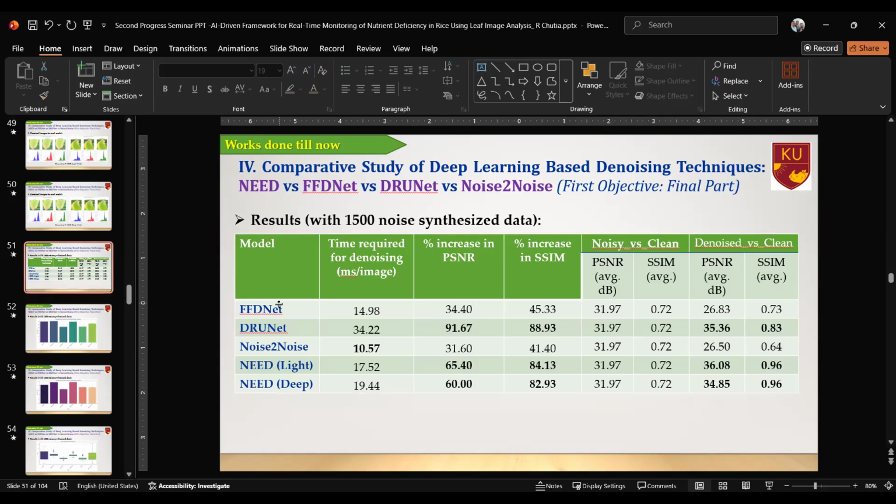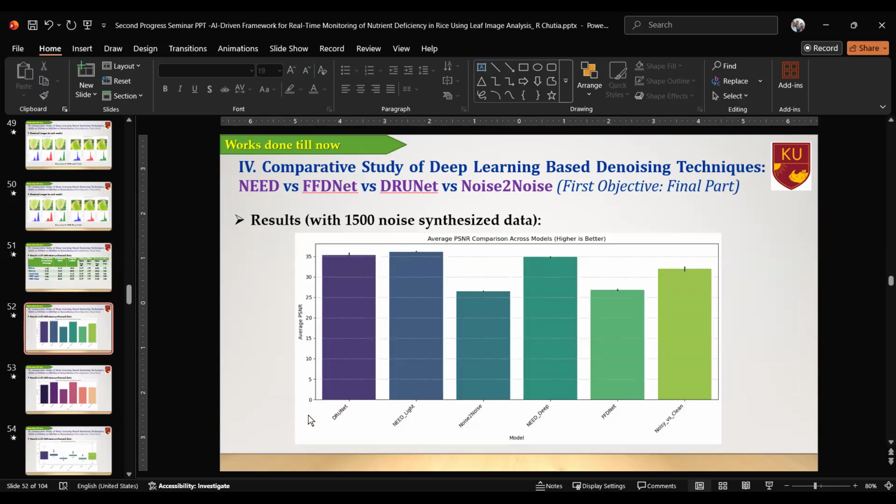But the top performing models are DRNet, NEED light, and NEED deep model, where we have seen 91.16% improvement in PSNR and 88.93% improvement in SSIM in case of DRNet, and 65.4 and 84.13 in case of NEED light, and 60 and 82.93% improvement in case of NEED deep.